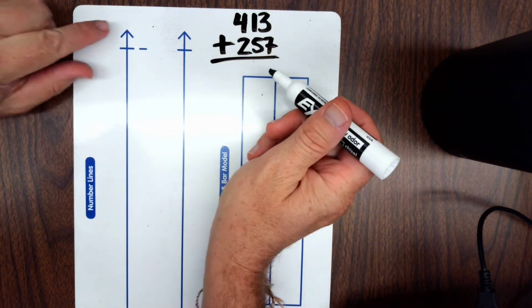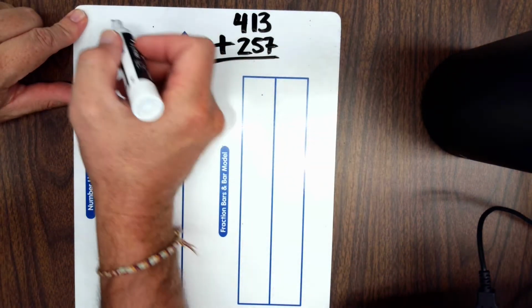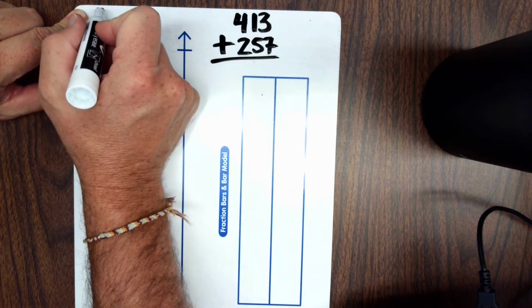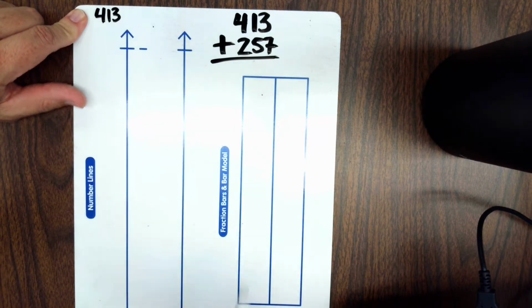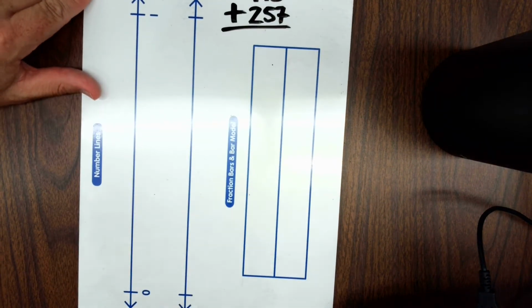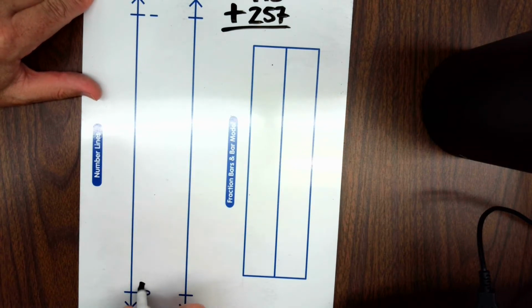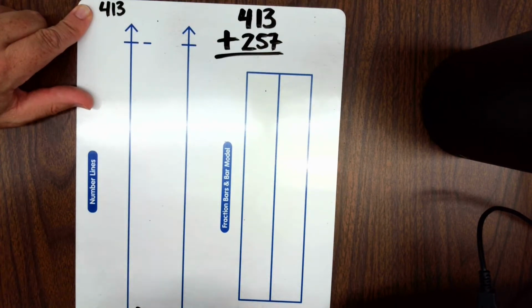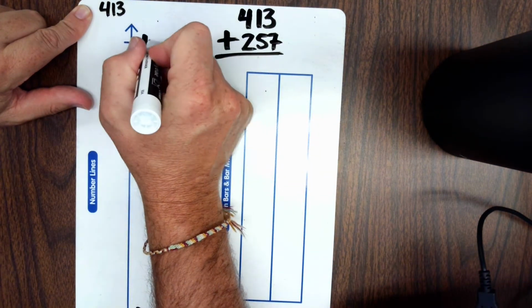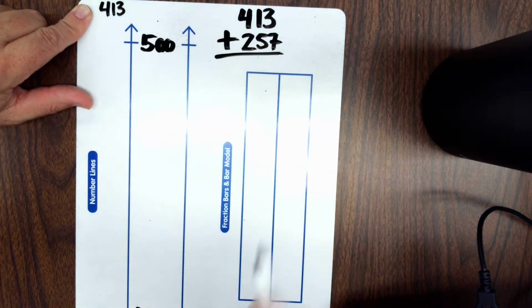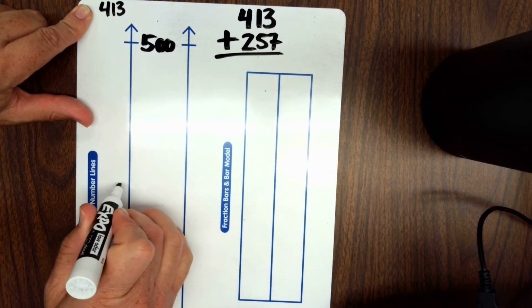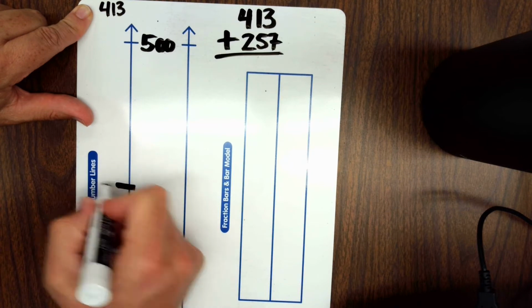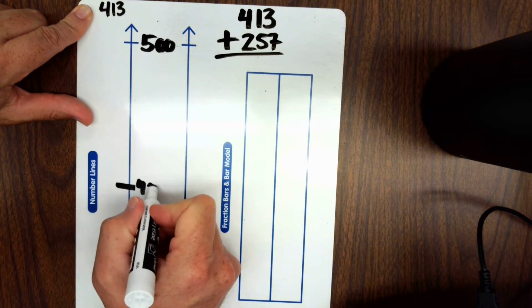So my first number, I'm going to put in my first number line, so 413, which means that the base of my number line will be 400, and I'm going to write directly over the top of that 0 that was printed there. And at the top of my number line, I'm going to do 500. And then in about the middle, 450.